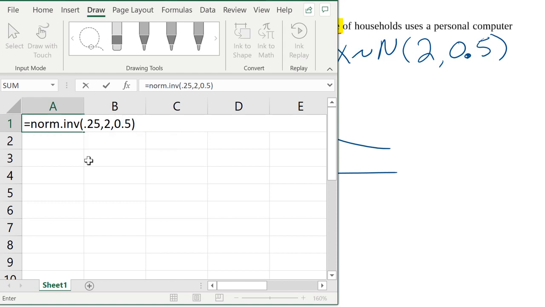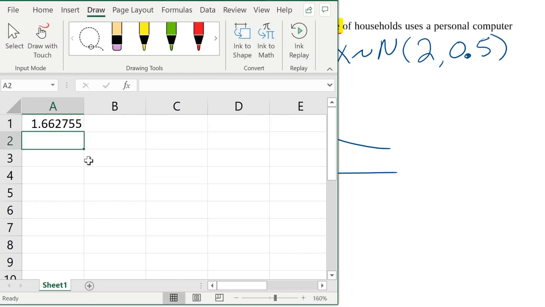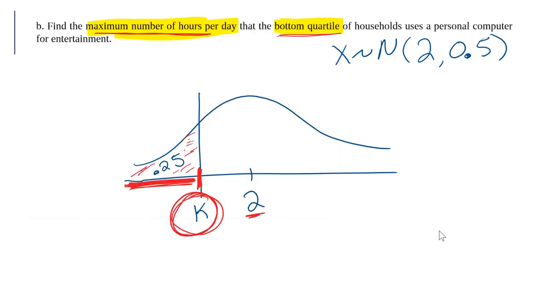Close parentheses and press enter. 1.66. I told you it has to be less than 2, so that makes sense. The maximum number of hours per day that the bottom quartile of households uses the personal computer is 1.66 hours.